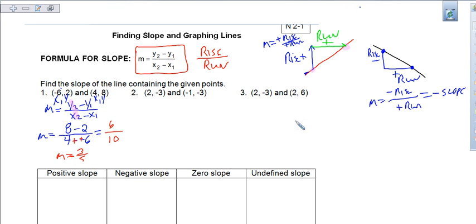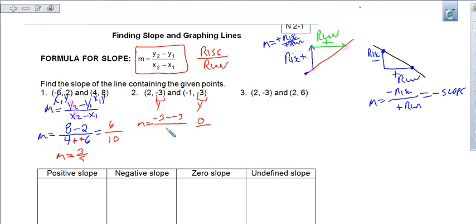Okay, I'm not going to do the second and third problem just like we did the first one, but I do want to point out that when I look at my 2 coordinates that they gave me, 2 and a negative 3, and we got a negative 1 and a negative 3 for our second coordinate, you'll notice that our y's are exactly the same. So if you subtract a negative 3, subtract another negative 3, we expect that quantity to be 0.